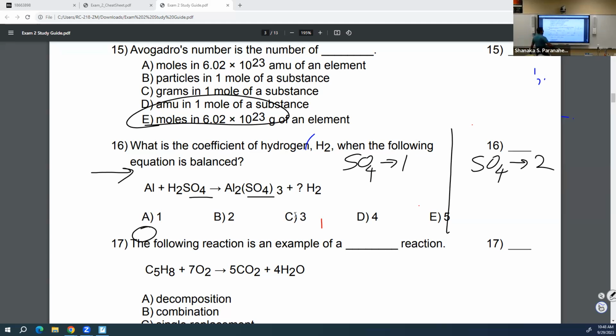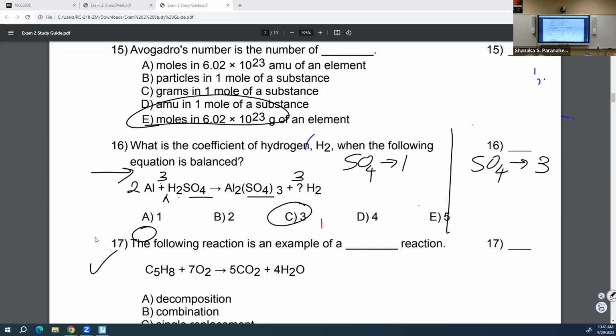So we can balance sulfate. So we need 3 on this. Once we balance sulfate, total number of hydrogen is 6. So we need 3 in front of this. I think it is asking the number in front of hydrogen. The other one should be 2 aluminum. Now it's a balanced reaction. So the answer is 3. Okay, so we need a similar example to this, so you can balance that one.